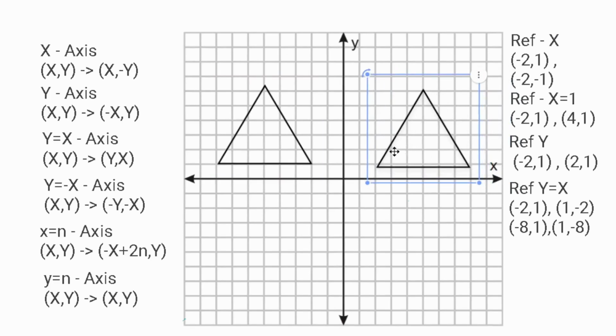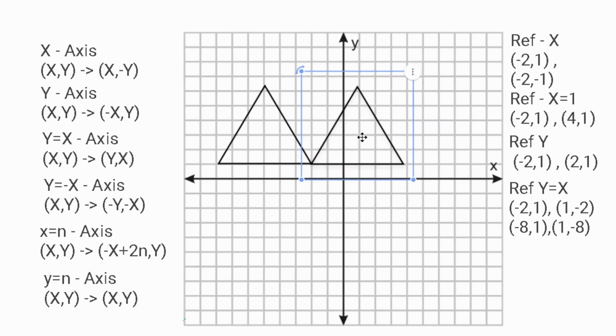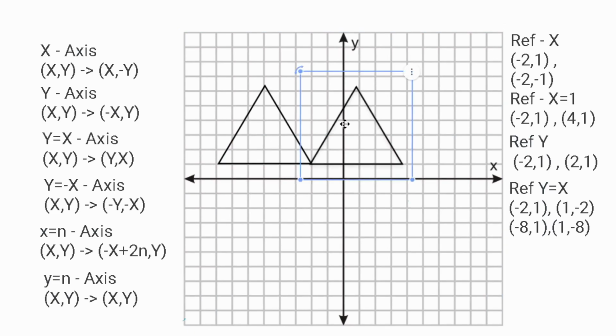So this is where it would be without anything else but x equals negative 2. So we're going to do 2 times negative 2, which is negative 4. So adding a negative 4 would be subtracting it. So we're moving it right here. We're moving it 4 to the left. And if I reflected something over the negative 2 axis, that would be the mirror image of itself on that axis.